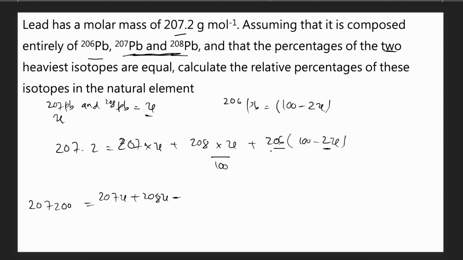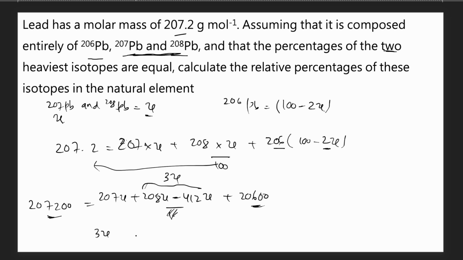So this one would be 3x minus 412x... so 3x, this one minus this one would be 120.